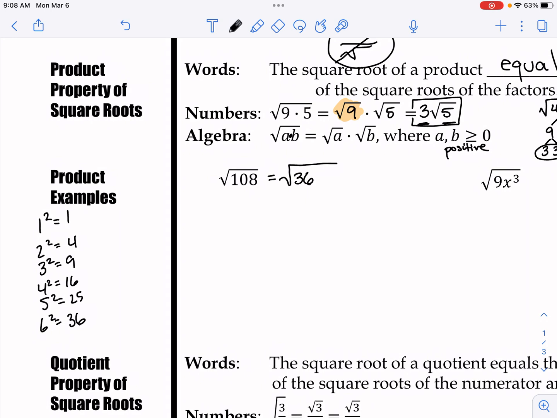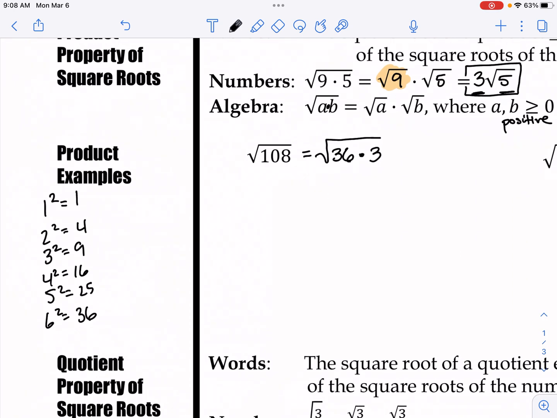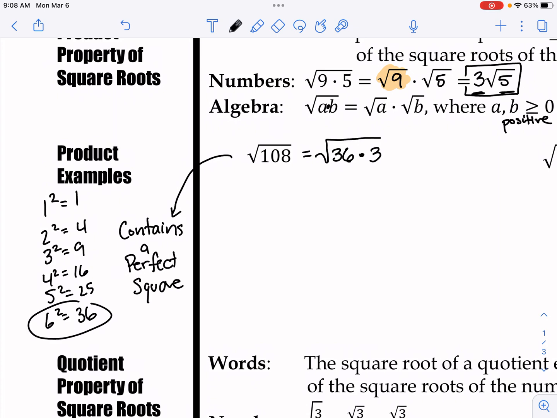We could use 36, and this could be represented as 36 times 3. Right, 36 times 3 is 108. This means it contains a perfect square. I'm just going to circle this one.